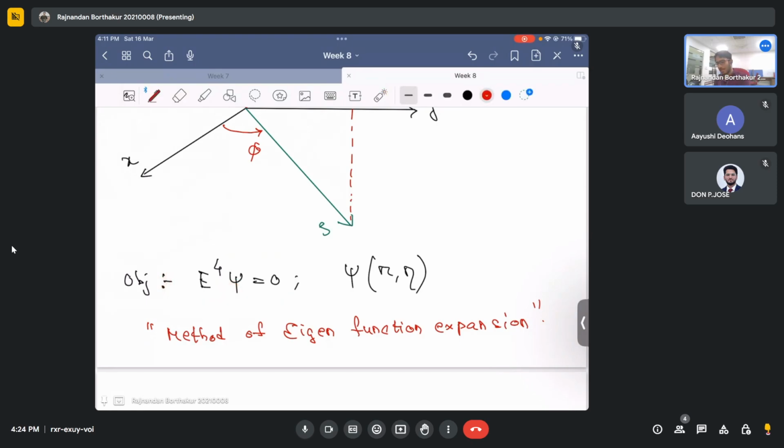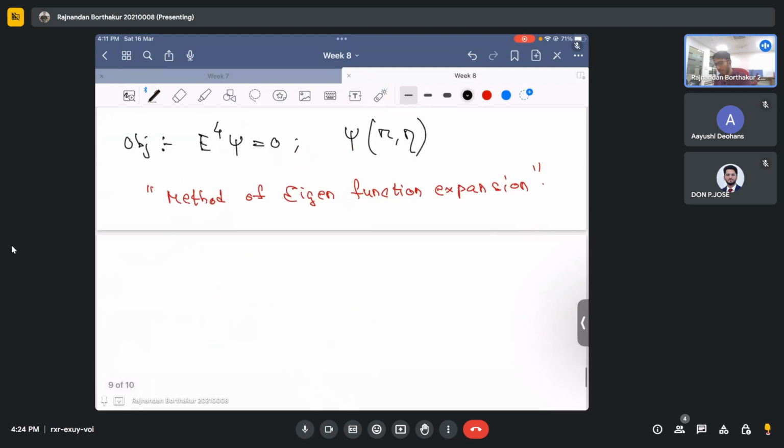Now, luckily, this solution is well tabulated, and this is expressed as a series solution, something like this. I would lay down the solution and explain how this solution comes about. I will not explicitly show you how to derive this solution because it's too long.